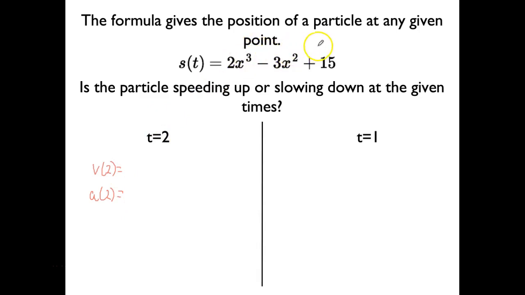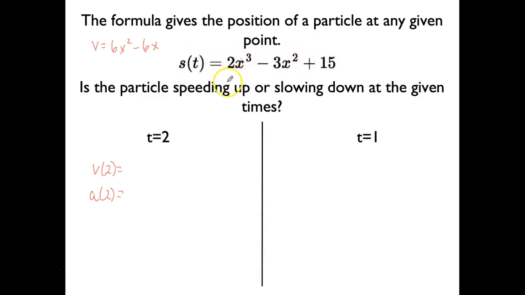So I'm not given velocity, so in order to get velocity, I'm going to take the derivative of this. It's going to be 6x squared minus 6x, and that's it. And I just realized this was a mistake on my part. I used a t in here and I used x's in here.